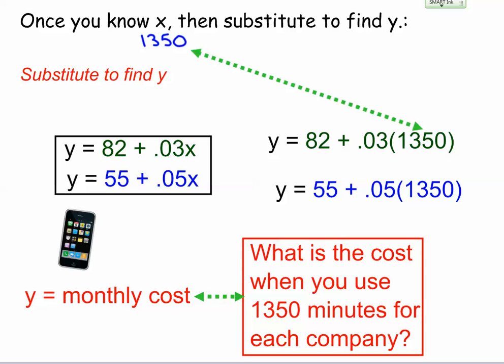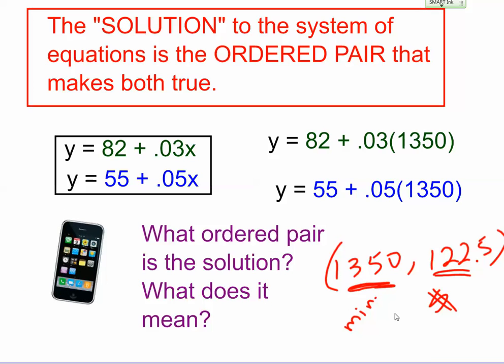And when I do that, for both companies, we got $122.50. And because we did it for both companies, we're just sure that we're right. So the ordered pair (1,350, 122.50) is the solution to the system of equations. This is 1,350 minutes beyond the first 500, and this is $122.50.